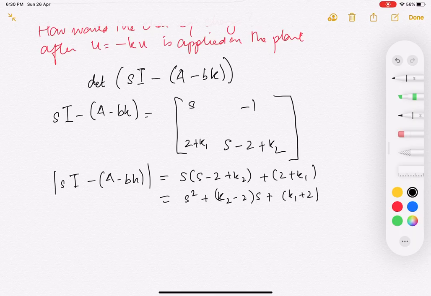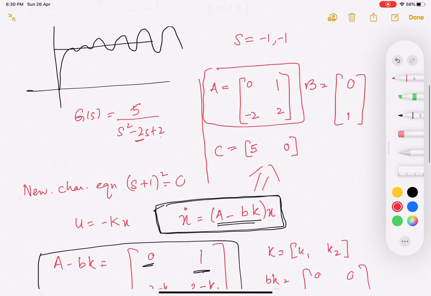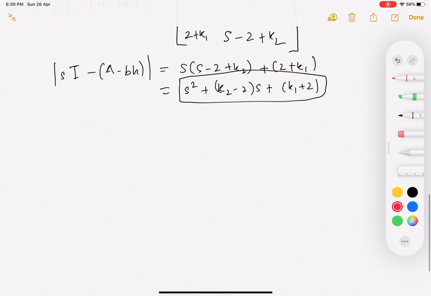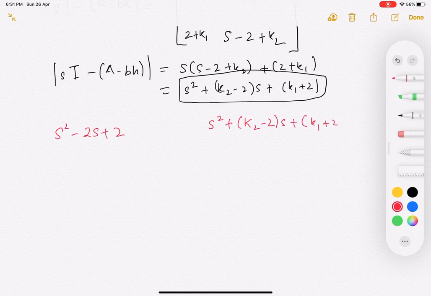So the system now would have this characteristic equation. Now it's very simple to see that if you compare your original characteristic equation, which was s square minus 2s plus 2, with the new characteristic equation that you have got after you have applied the state feedback law, you can get the values of k1 and k2.